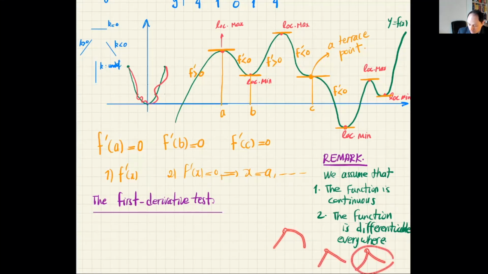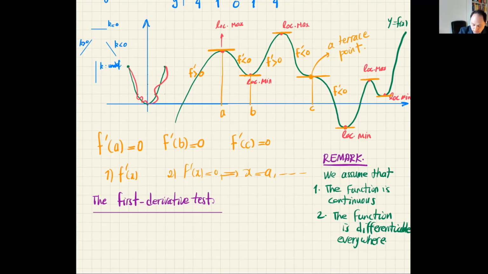So I am not talking about the functions whose graph have one of these behaviors. So no sharp points. And I am not considering functions like this, at which the tangent line is vertical. Okay? This is not explicitly mentioned, but the book is always talking about these types of functions. Yes? This is very important to understand.